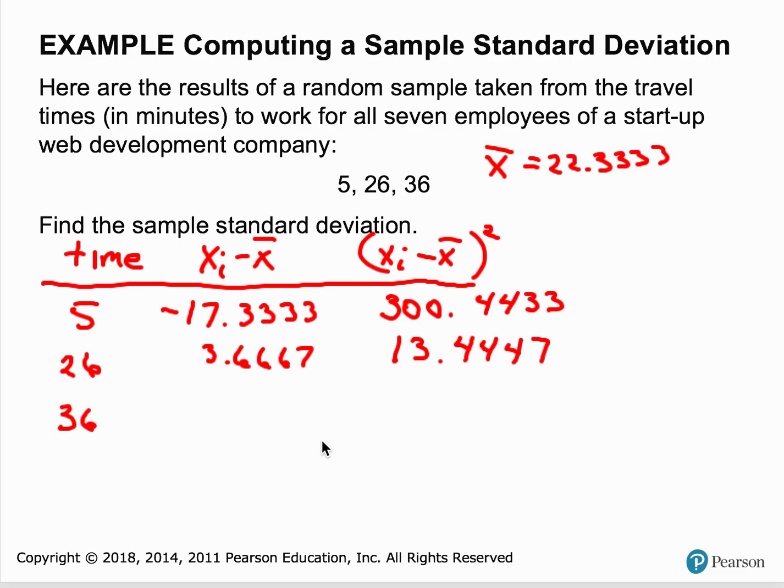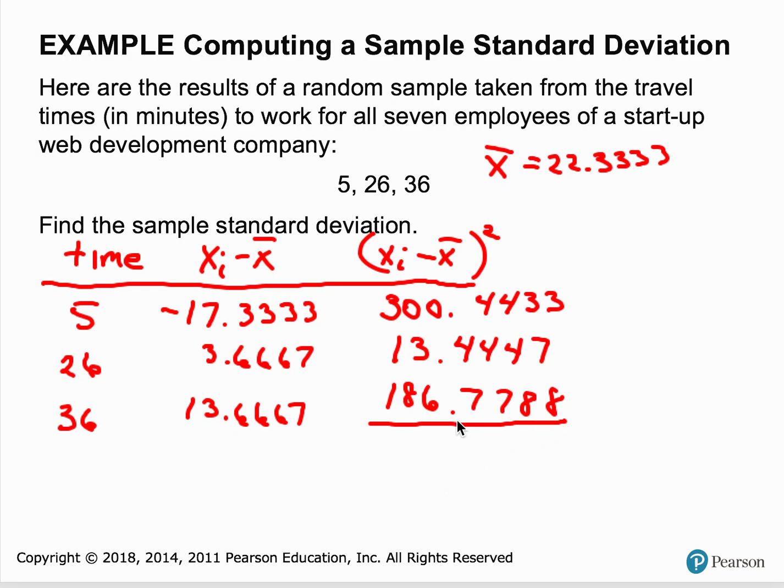And 36 minus 22.3333 gives me 13.6667. And squaring that gives us 186.7788. Notice if we add these together, 13, 16, and then this is 1 1/3, 17 1/3, this would equal 0. Just as kind of a double check.